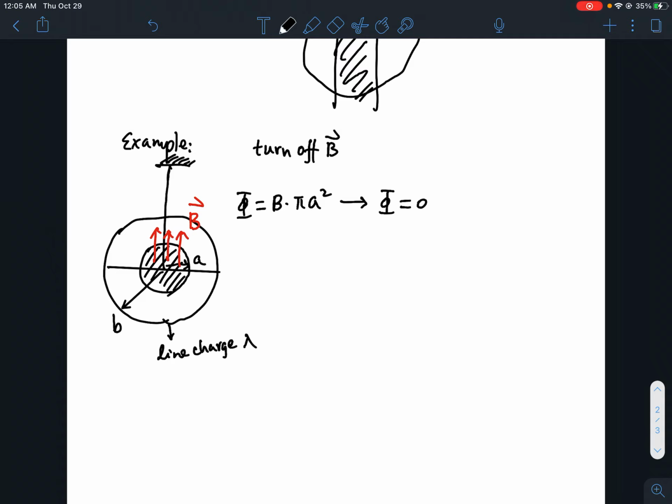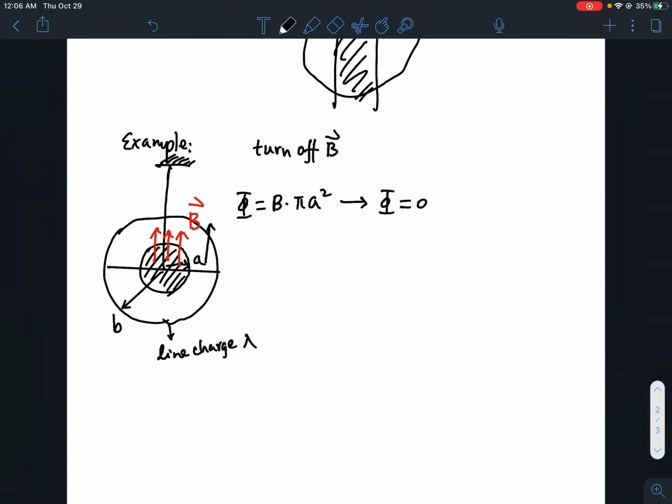So using Lenz's law, it says that the electric field should produce a B field pointing along the plus Z direction, in order to oppose that change.